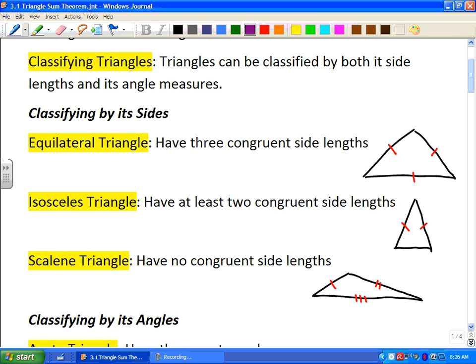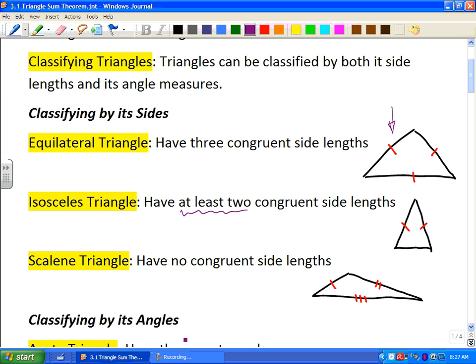They have at least two congruent side lengths. Now, that definition can get a little confusing because it says at least two, which means it could have what? It could have three. So, is this triangle here also considered an isosceles triangle? It is. It's also considered an isosceles triangle.